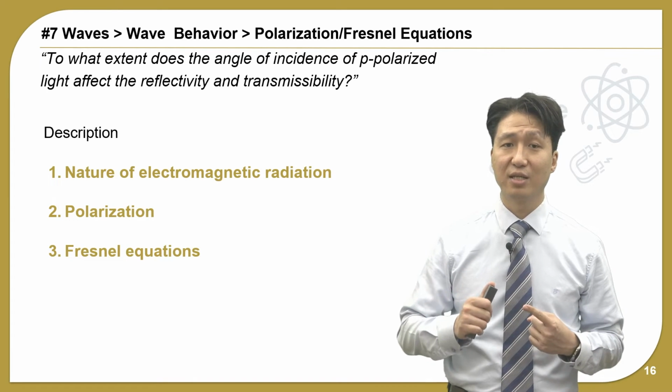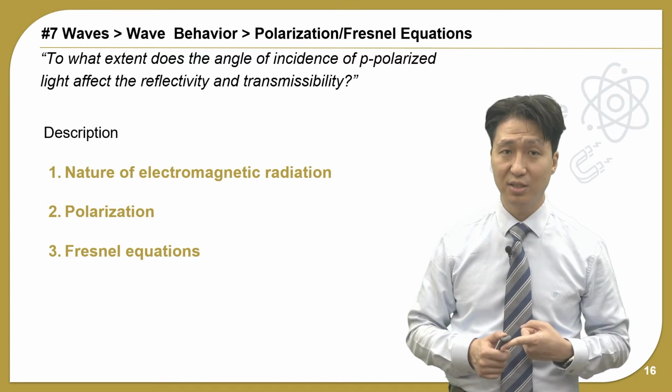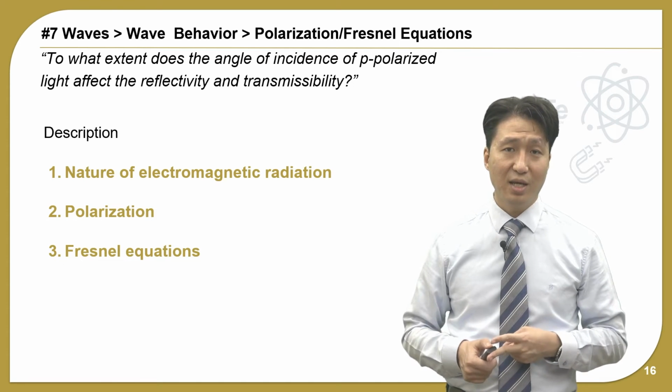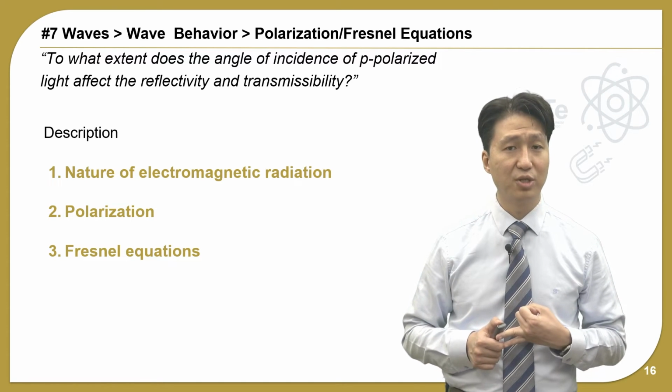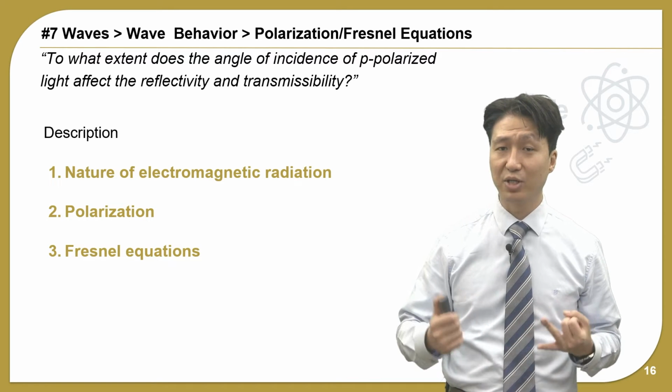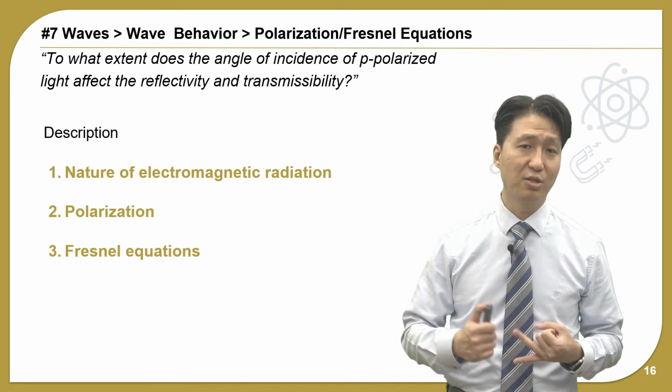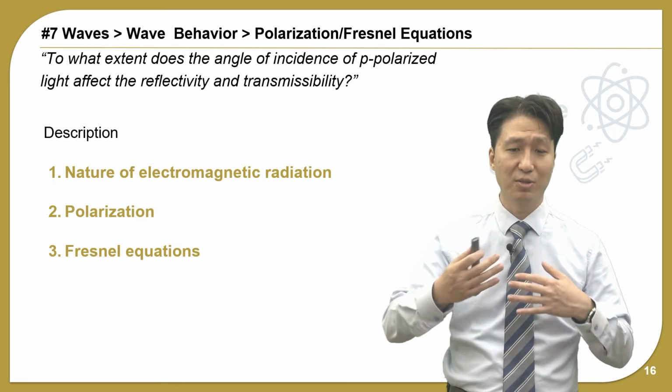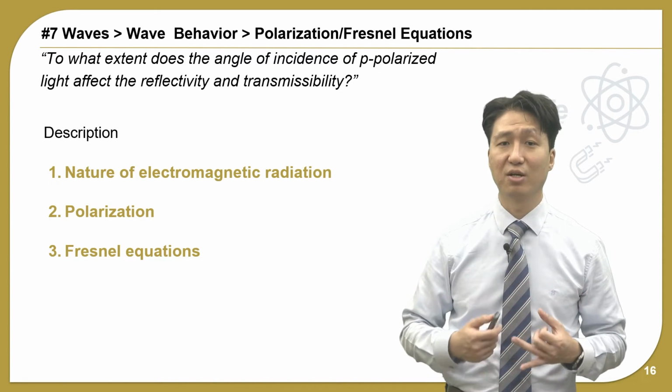This means you have to understand the nature of electromagnetic radiation, polarization, and something called the Fresnel equations, which are not simple. They're not impossible to understand, but you will need to spend a lot of time trying to understand the different equations that are involved.